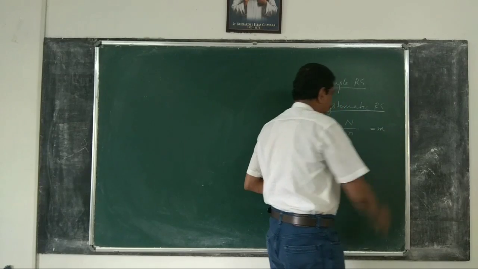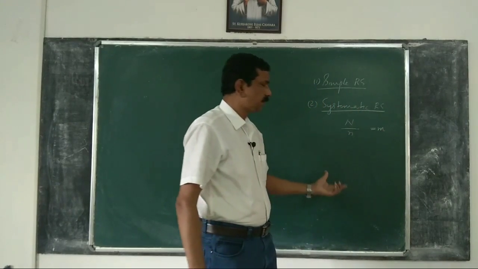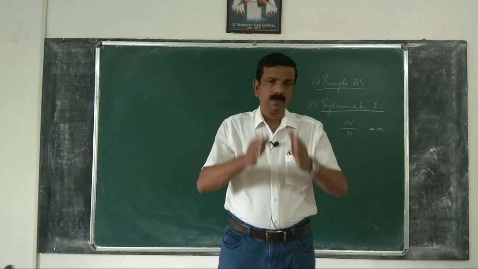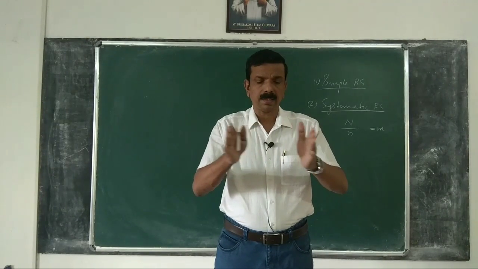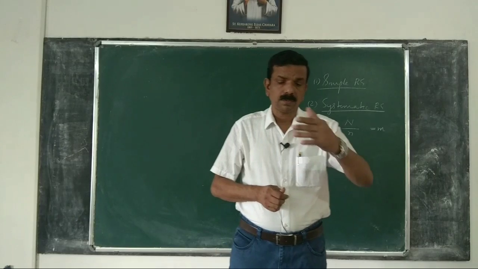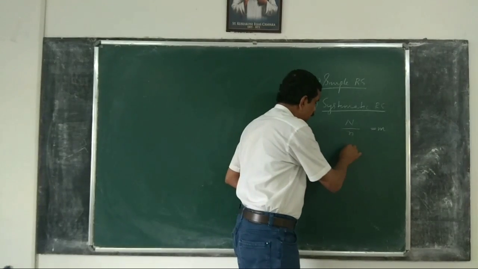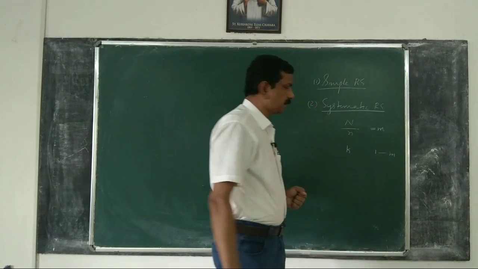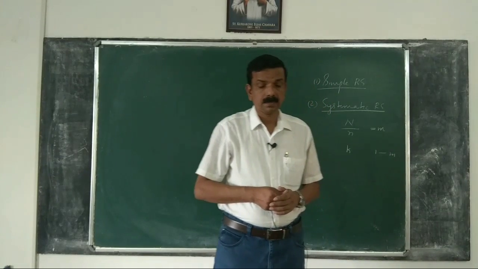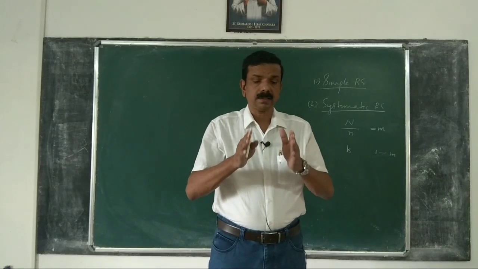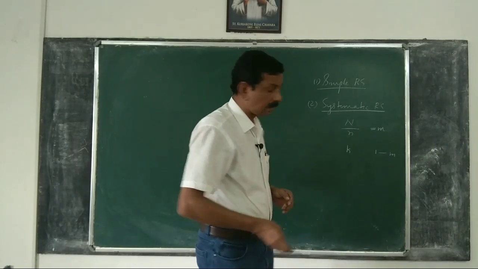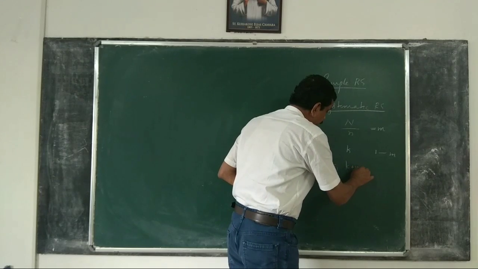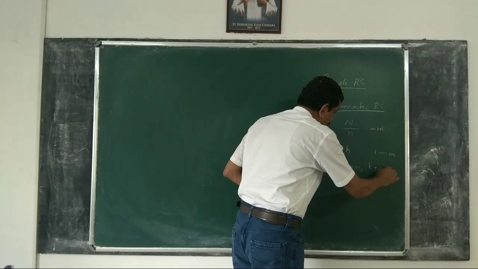If we obtain a fractional number, we round it, as we will see with an example. Then we use the random number table to obtain a number k between 1 and m. Then we select the numbers as: first number is k, second is k plus m, third is k plus 2m, etc.